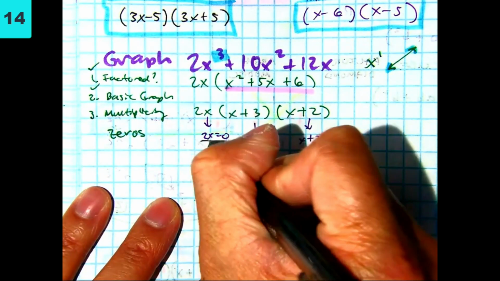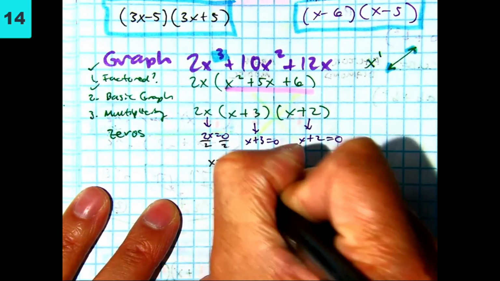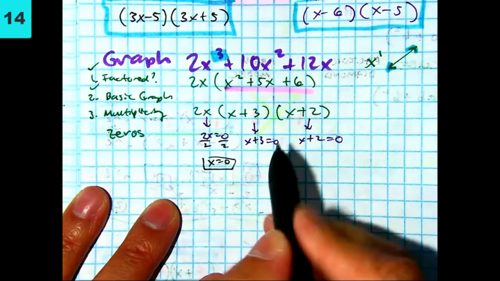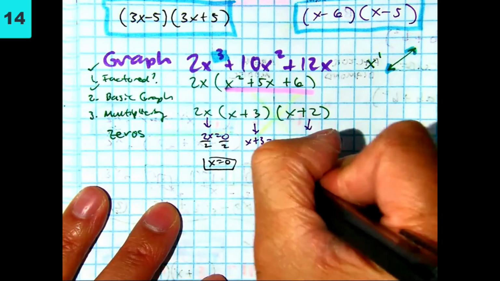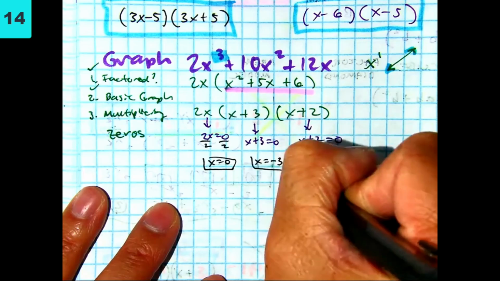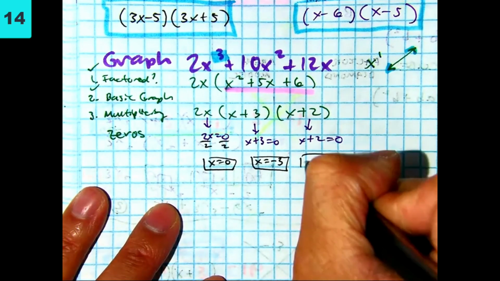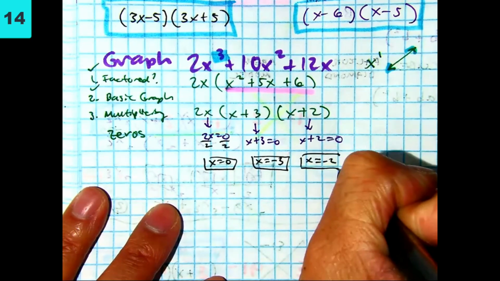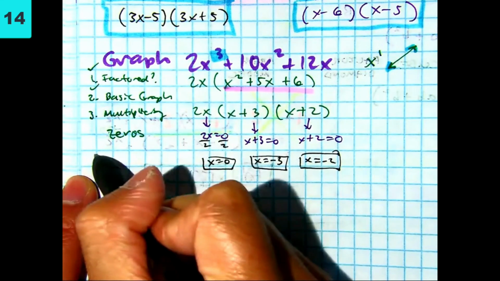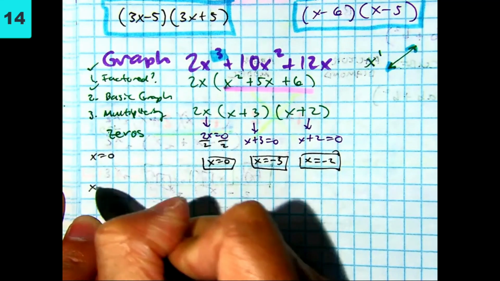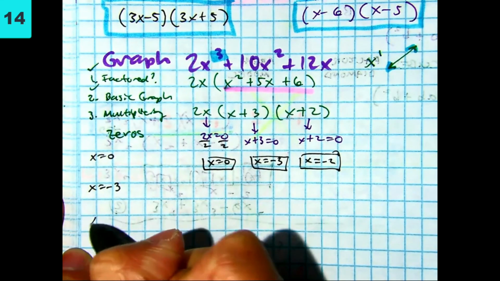Divide by 2, x is equal to 0. Solve that one, you get -3 and -2. So x equals 0, x equals -3, and x equals -2.